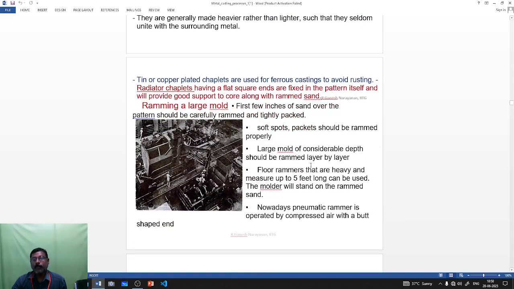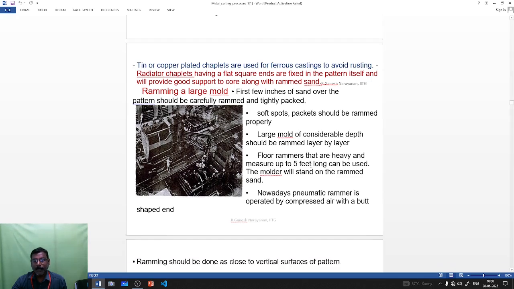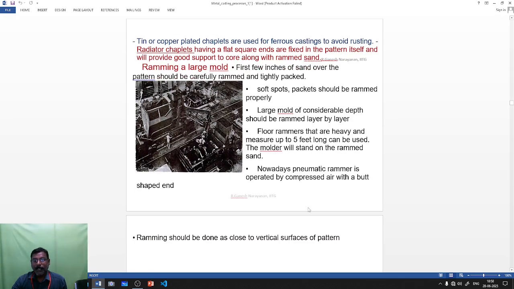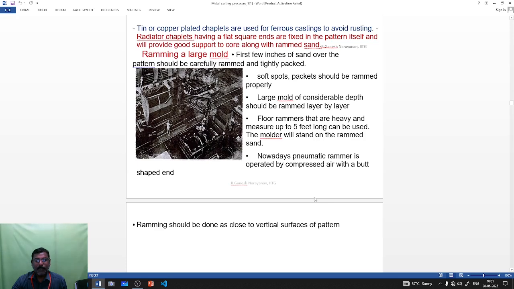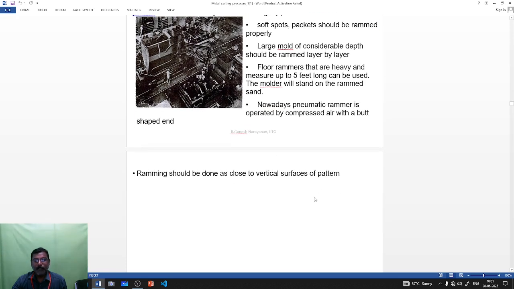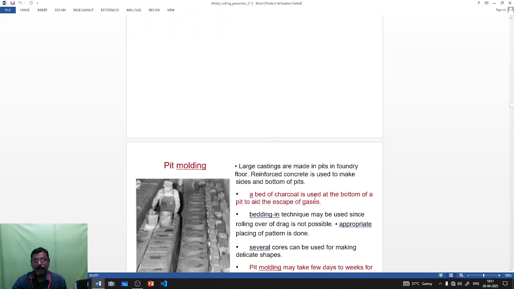Floor rammers that are heavy and measure up to 5 feet long can be used. The molder will stand on the rammed sand. Nowadays, pneumatic rammers operated by compressed air with a butt shaped end are used. Ramming should be done as close as possible to the vertical surface of the pattern.